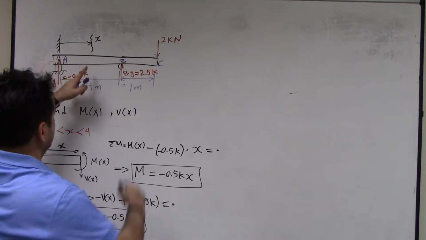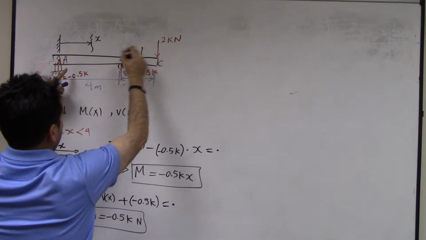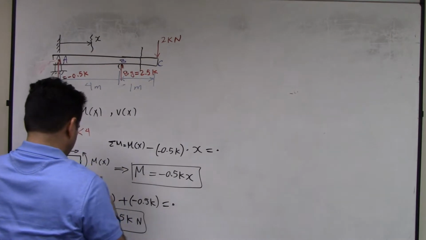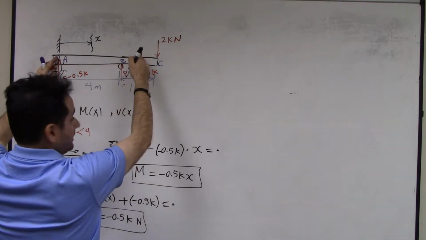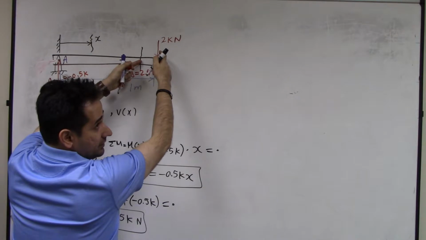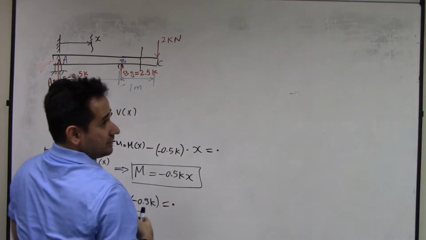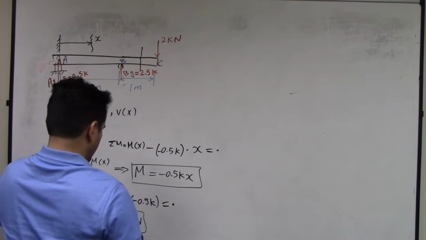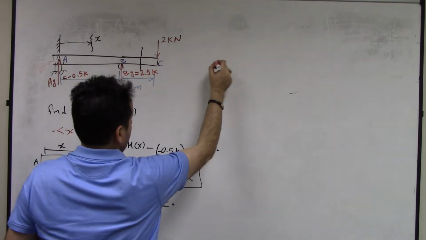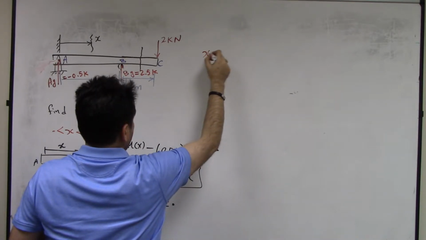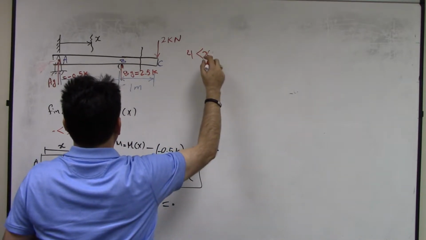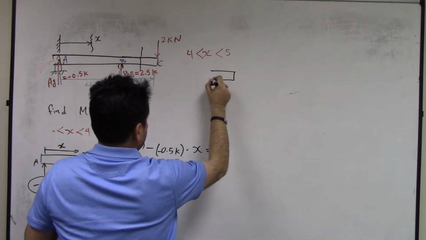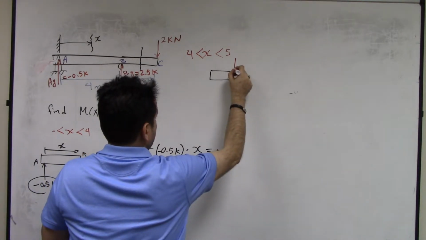Now let's go here in this area. Let's continue our x. So we have this area. Now, if you consider this area, you can either take left or right. Okay, I take right, because the right is simple. So for that, the free body diagram, this is the non-color. Now x is between 4 and 5. In that case, in the free body diagram, you have a 2k, I take it from right.